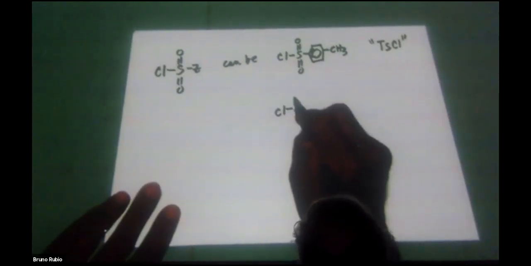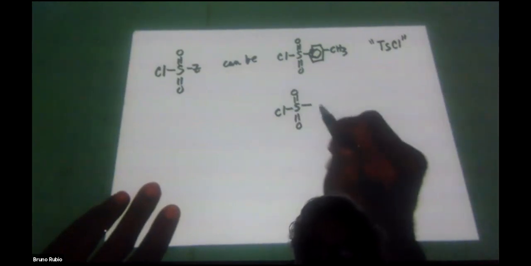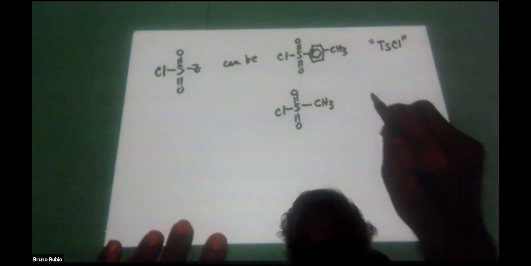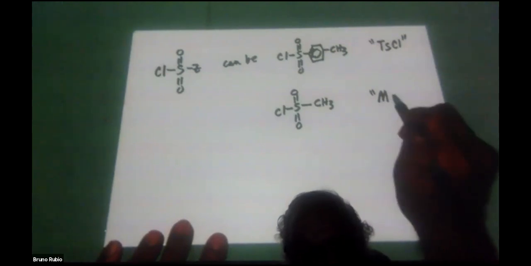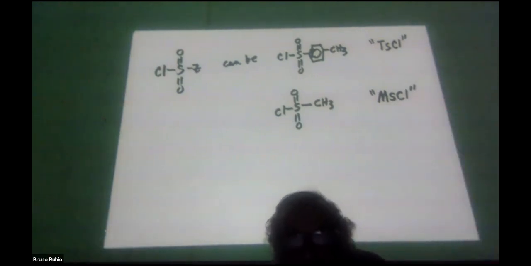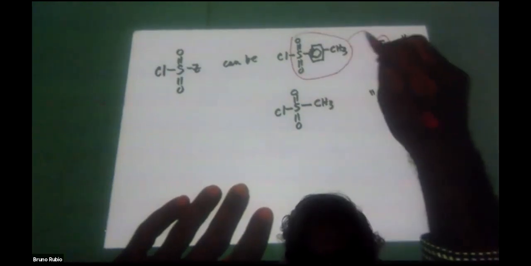Z can also be just a methyl group here. This is called mesylate. And so this is going to be another tremendous leaving group. It's called mesylate, and its standard abbreviation is MsCl. And that MS means this whole thing here, that is TS.